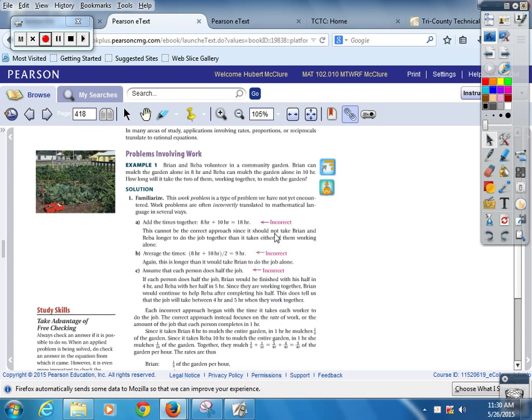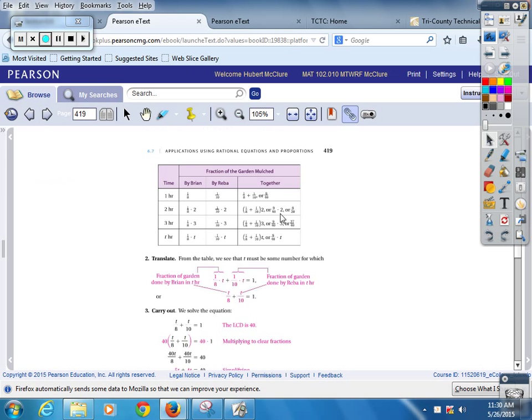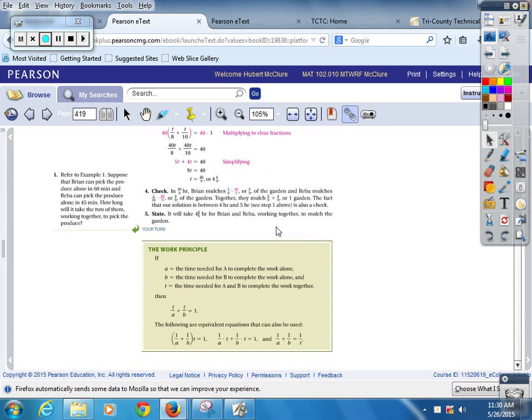All right. One thing you need to remember about work is right here, the work principle. So go ahead and write it down. T over A plus T over B is equal to 1.